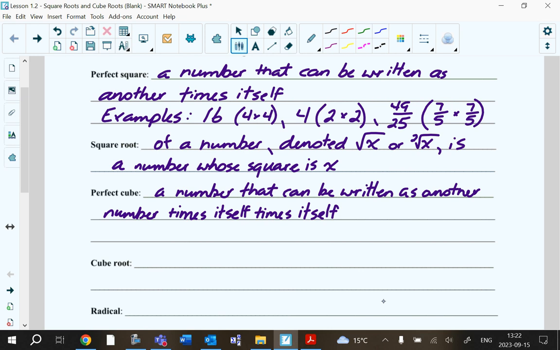Give me an example. 27. Why? Because 3 cubed, or 3 times 3 times 3 gives us 27.